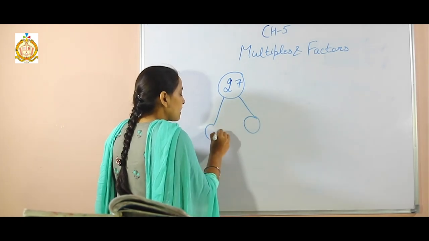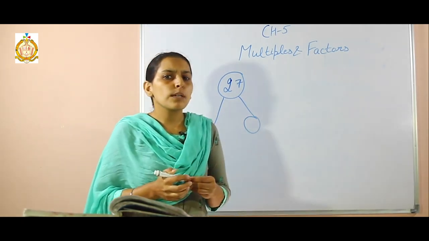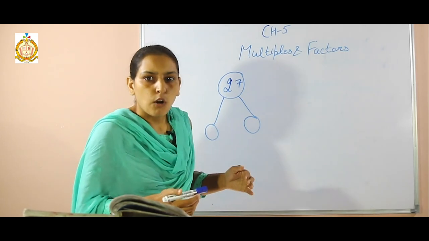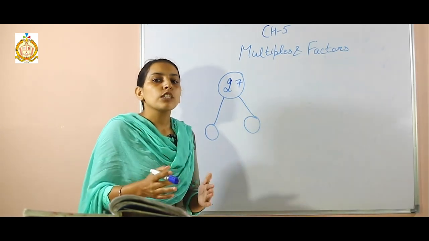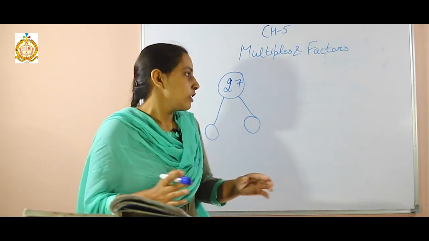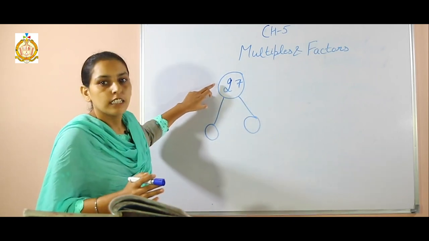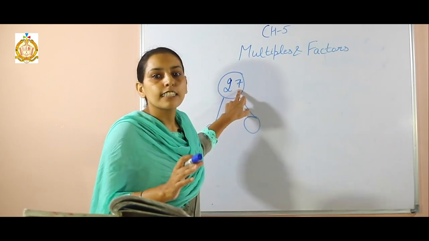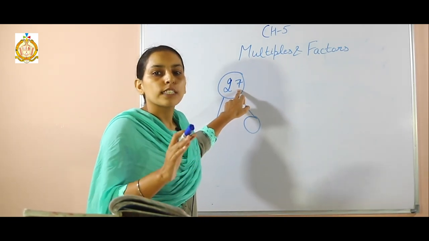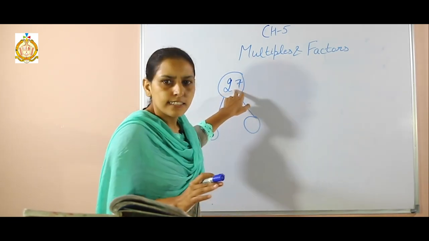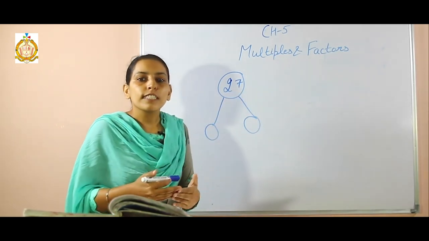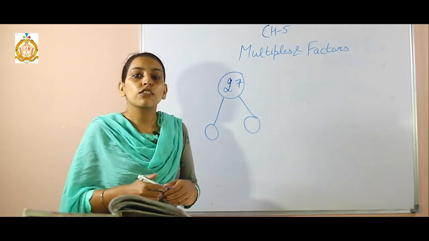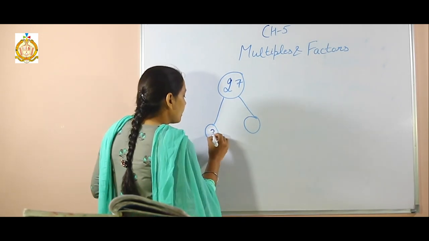Students, 27 comes in which table? In 2 table, 27 doesn't come because in the previous exercise we checked that divisibility test. Students, in the divisibility test, a number is divisible by 2 if the last digit is 0, 2, 4, 6 and 8. But here it is 7. Now, 27 comes in which table? 3 9s are 27.